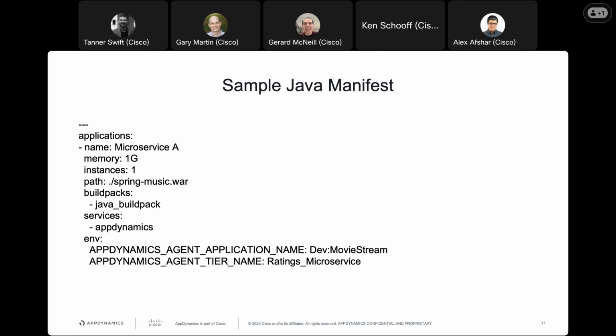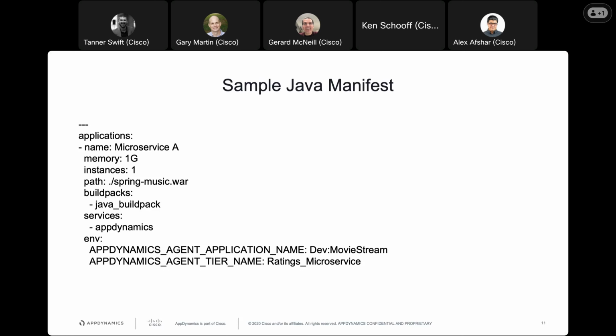Then to differentiate each microservice the way I want, I use the tier name. And then my nodes would be automatically defined based on my instances that I deploy. Node equals a container in this case, or an instance, and that would all appear in my AppDynamics controller.